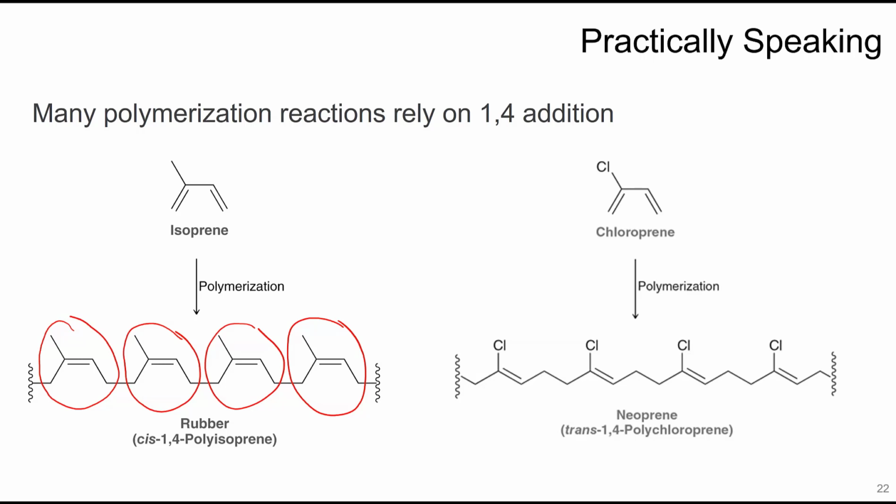And we can change the branching to make different levels of rubber. Chloroprene is also used in polymerization. You can see those units there. This is used in neoprene, which can be used for insulation of electrical wiring, fan belts for automobiles, and scuba diving wetsuits. So these are polymerization reactions.